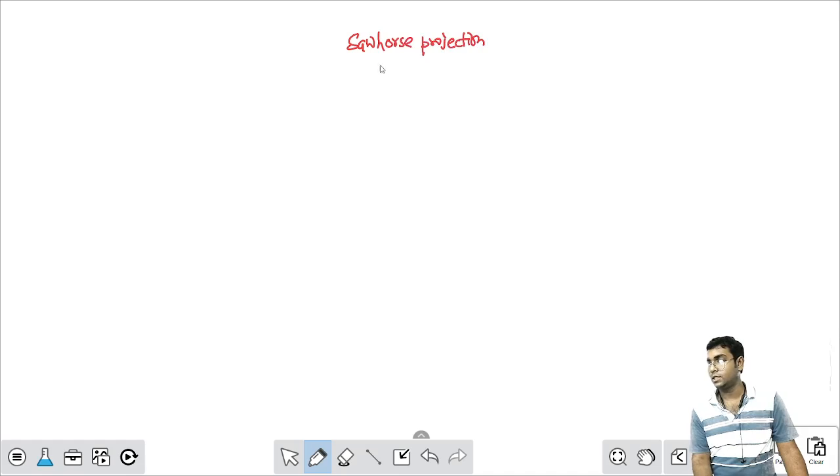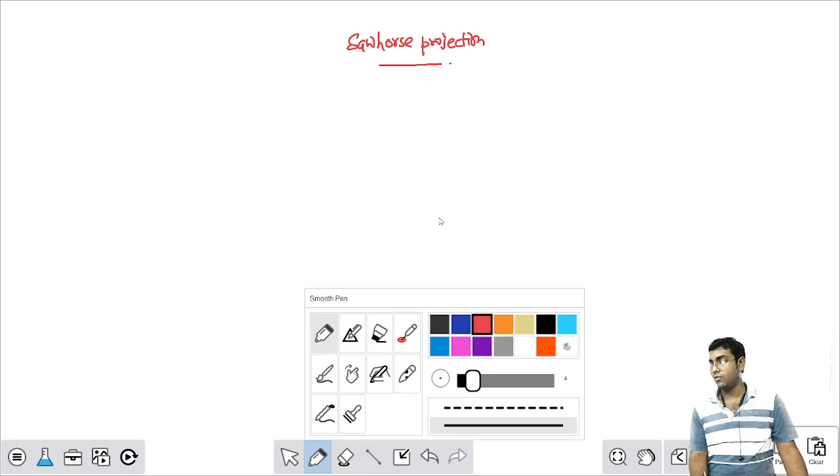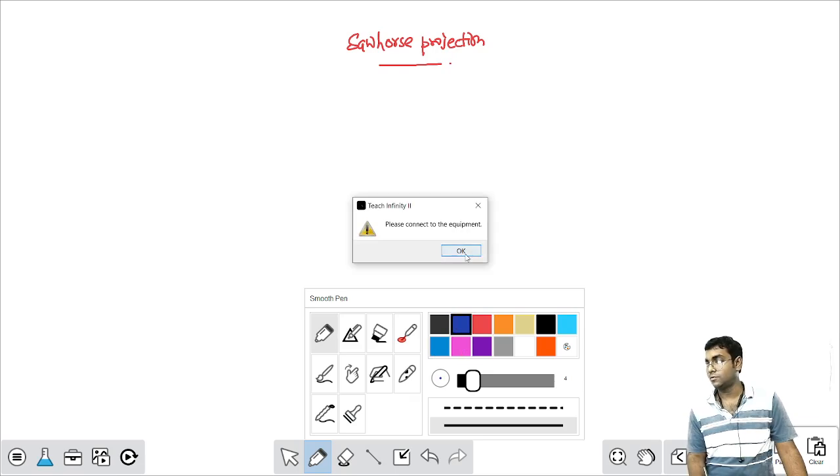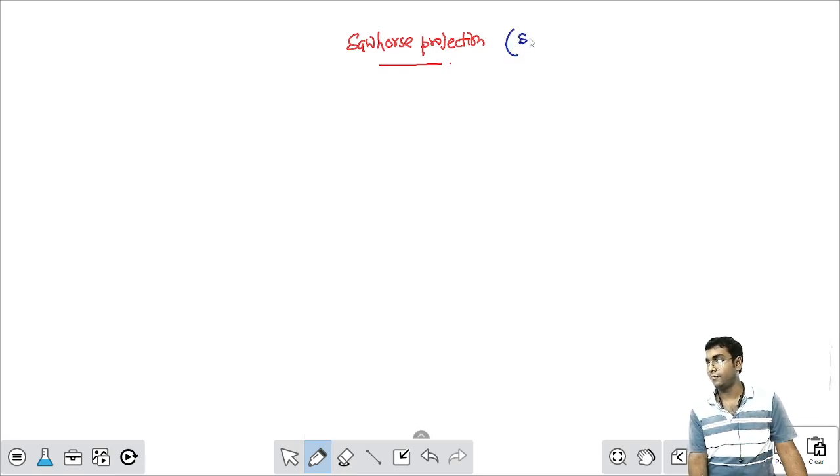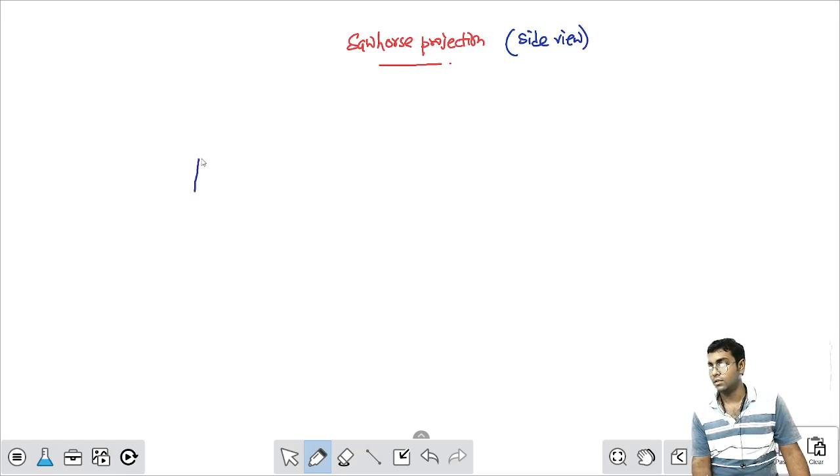What is basically a sawhorse projection? In the last lecture, I gave you a chart where I mentioned that the sawhorse projection is basically a side view, right? How is it a side view? Let's take a look. Let's think that it is CH3, CH3.